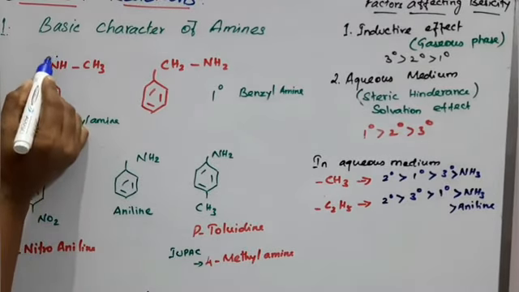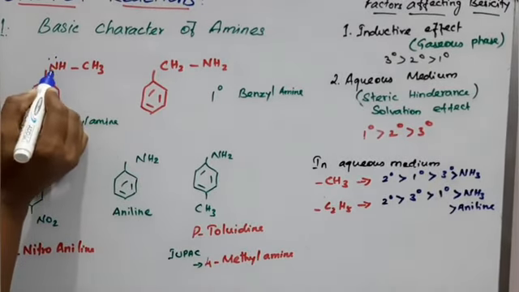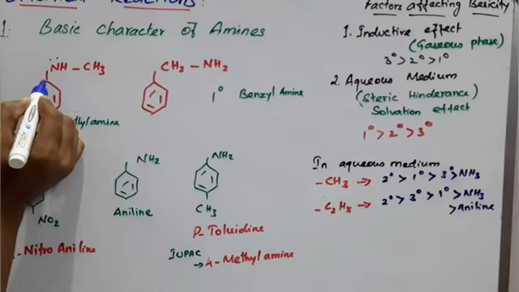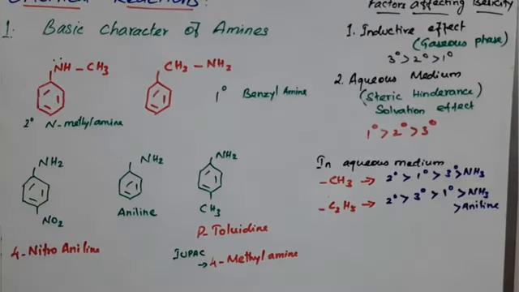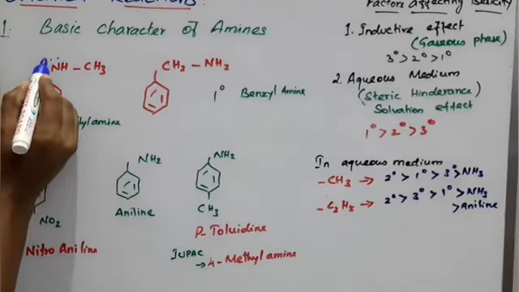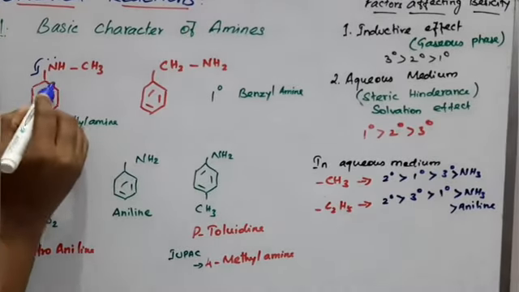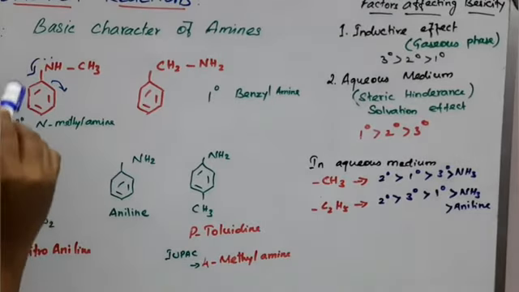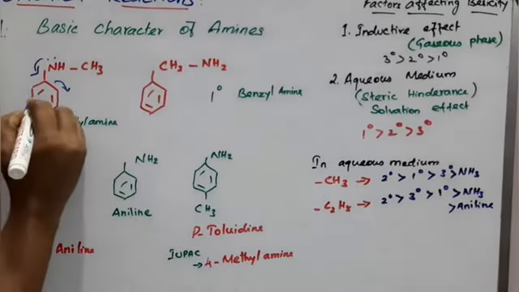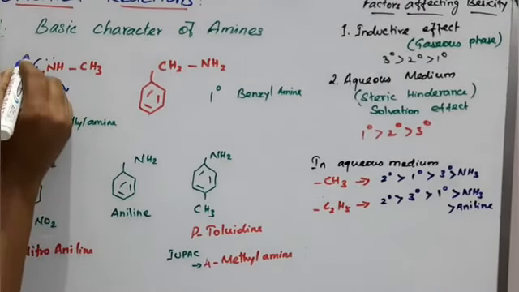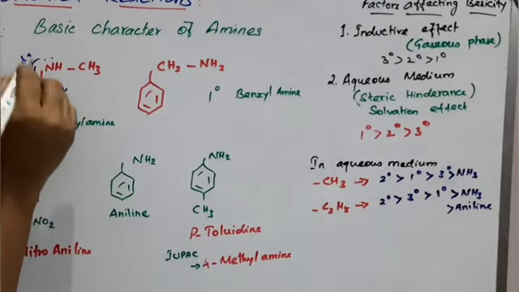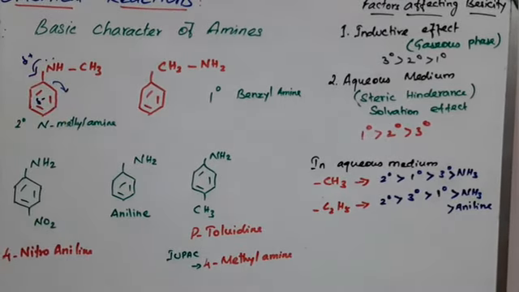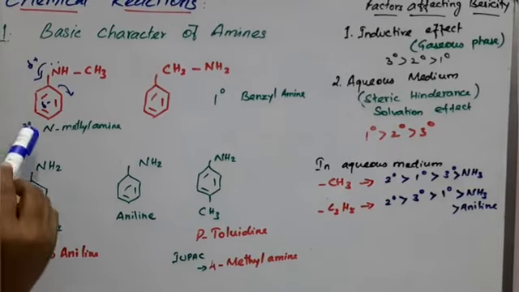The lone pair containing amine nitrogen is attached directly to the benzene ring. So it creates a partial double bond and pi bond electron delocalization takes place. So here it attains delta minus, this is delta plus. So it is destabilized, decreasing the base character.